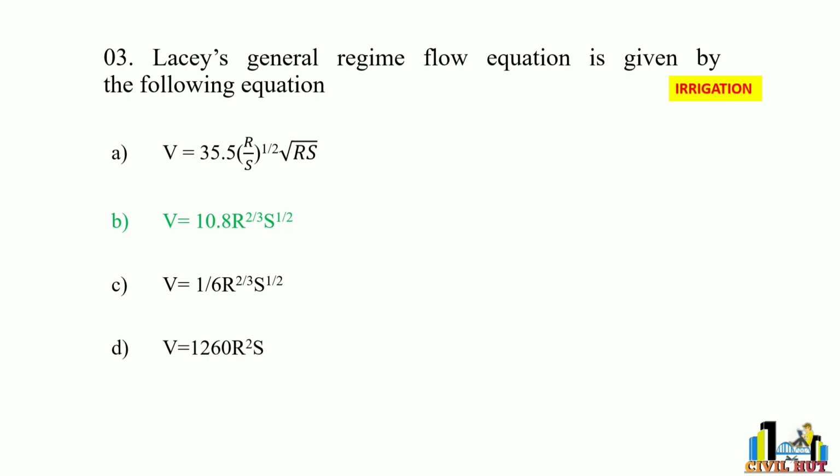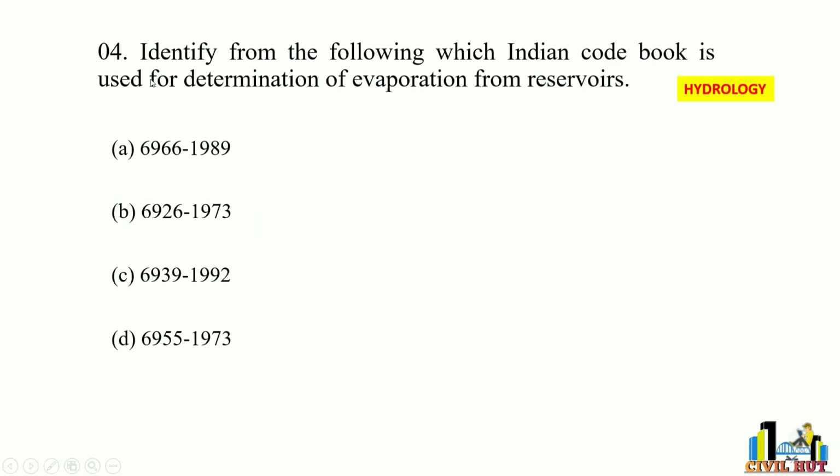Next question: identify from the following which Indian code book is used for determination of evaporation from reservoirs. In this HMWS 2020 paper, three IS code book names are asked: evaporation from reservoirs, design mix, and water tanks.